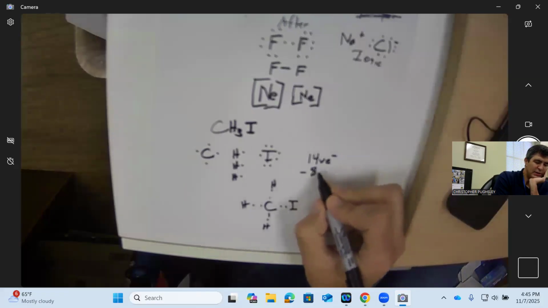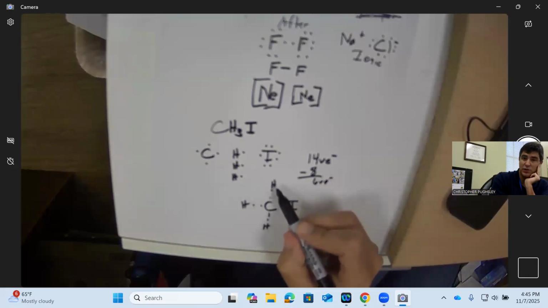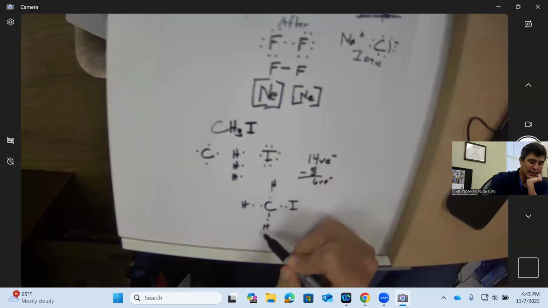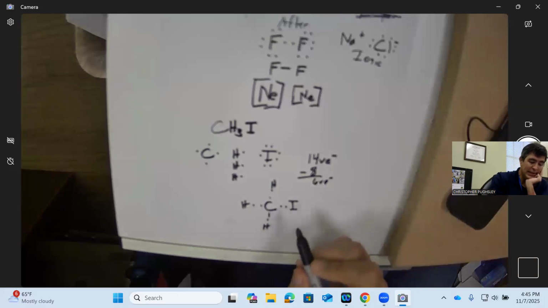Out of those, I have 6 valence electrons left. Hydrogen now has a noble gas configuration of helium. That's 2. Every hydrogen has 2 valence electrons. Carbon has now met its octet rule. It's got 2, 2, 2, 2. That gives it 8.